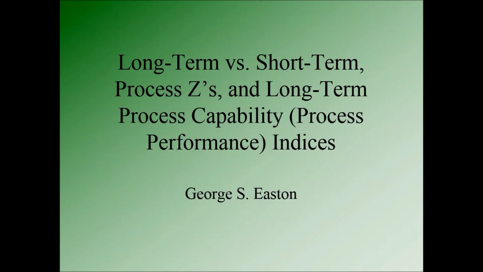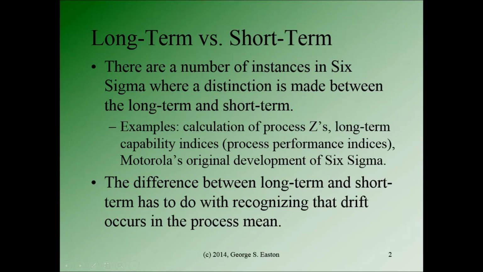In this video, I'm going to discuss this issue of the long term versus the short term, then go on to define process Z's and the long-term capability indices Pp and Ppk, which are sometimes called process performance indices. Within Six Sigma, there are quite a few instances where a distinction is made between the long term and the short term.